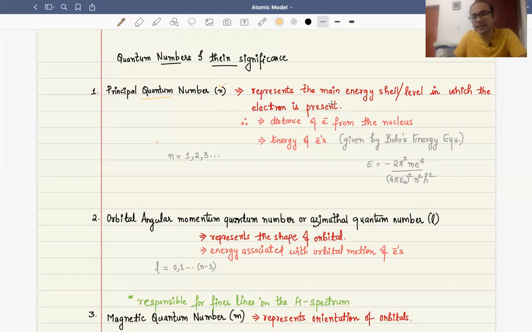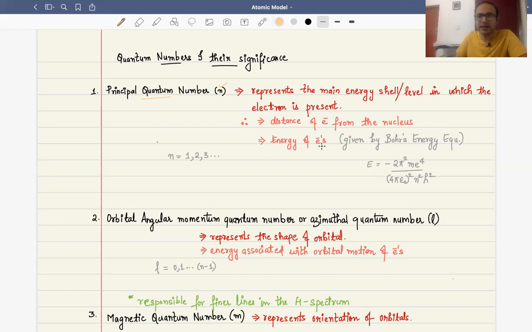Indirectly you can tell that it is related to the distance of the electron from the nucleus, and it also talks about the energy of the electron, because whenever the electron is occupying a particular energy shell or level, it will have an energy corresponding to that particular energy level or shell.